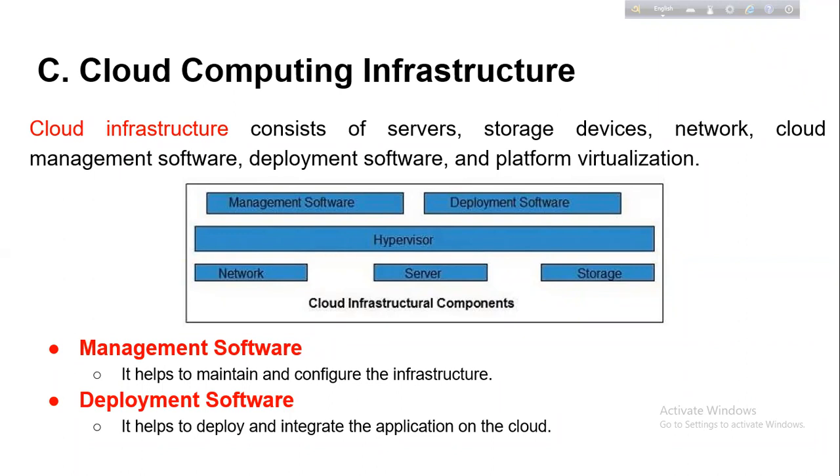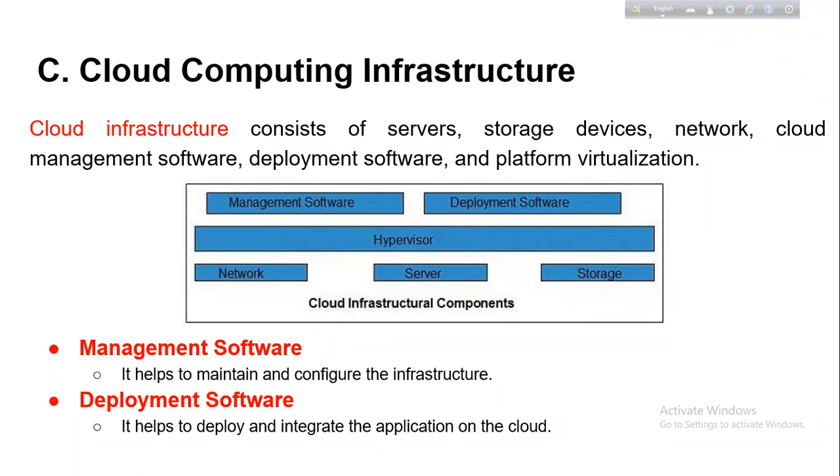So let's say you subscribe to a cloud provider's service, then you get a management software, usually a management console or a web browsing system. Through the web browser you get access there, where you can maintain and configure your infrastructure.